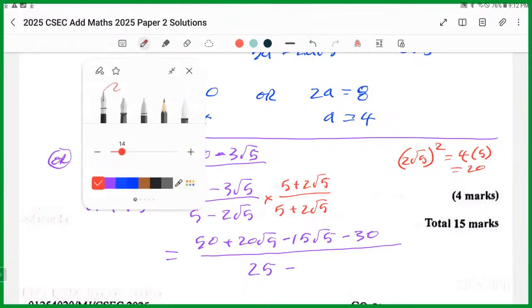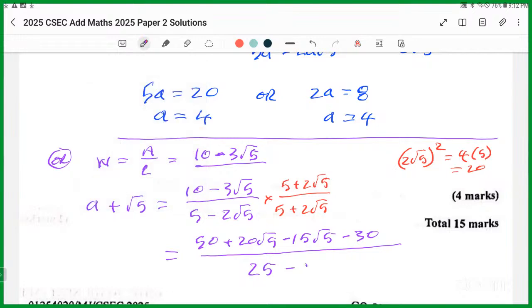So here we subtract 20. Then this reduces to what now? This and this give me 20, and 20 divided by this 5 is 4.